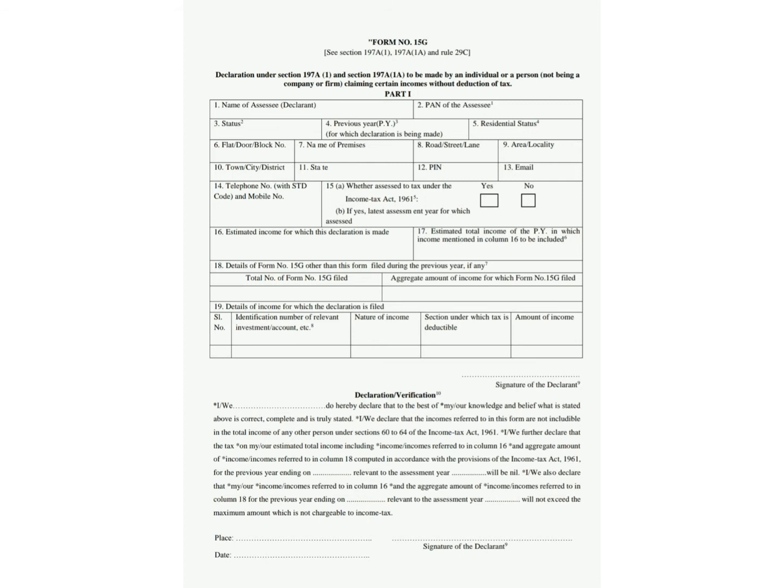Now the 15 point, this is the important one. Whether assessed to tax under the Income Tax Act 1961. If yes, then latest assessment year for which assessed in point number B. So if you have been assessed under Income Tax Act in any year, you have to tick on yes and you have to provide the details for the particular year for which you have been assessed under Income Tax Act.